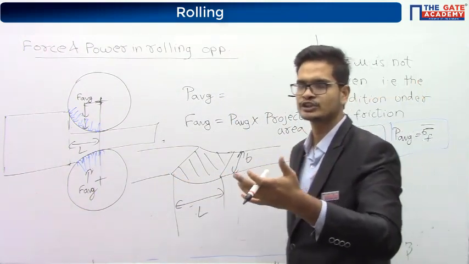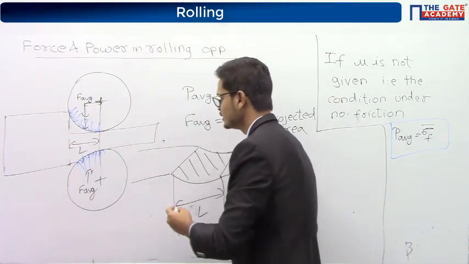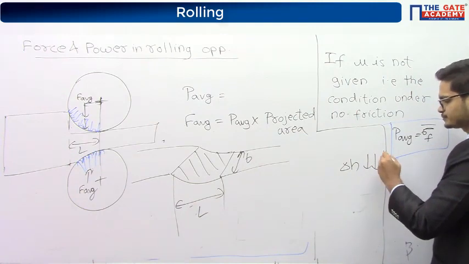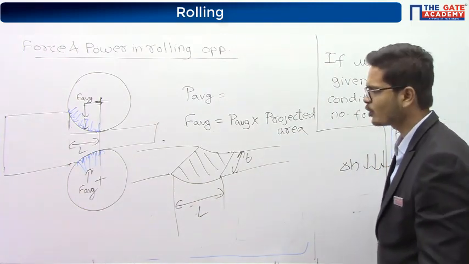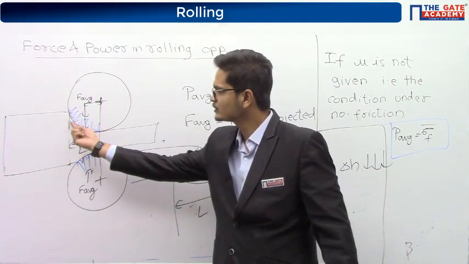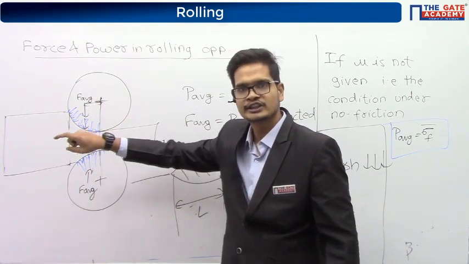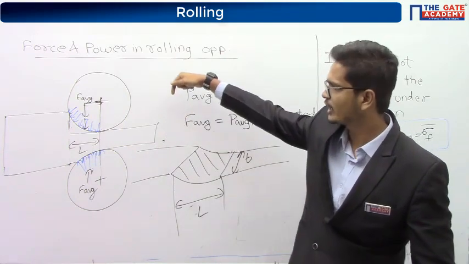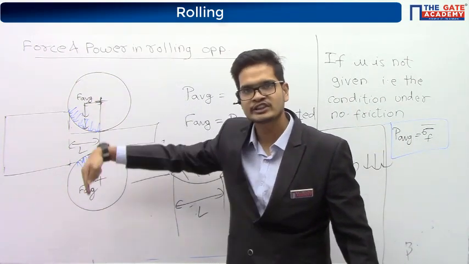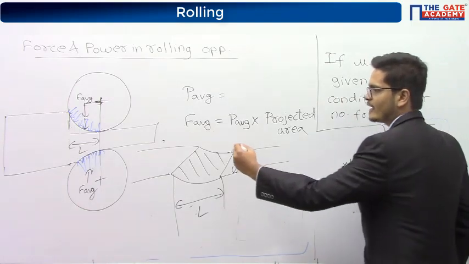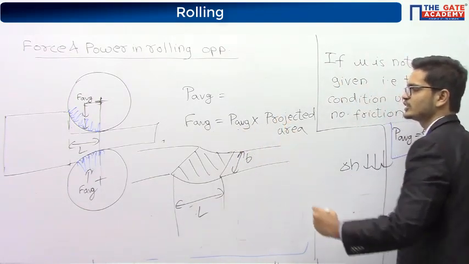Throughout the questions we have solved till now, you have seen that the value of delta H is very small. So we are approximating this curve to be a straight line, and since we are approximating the curve to be a straight line, we get F average as perfectly perpendicular. Therefore, F average becomes equal to P average into projected area.